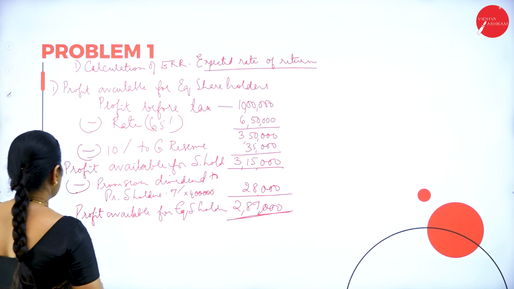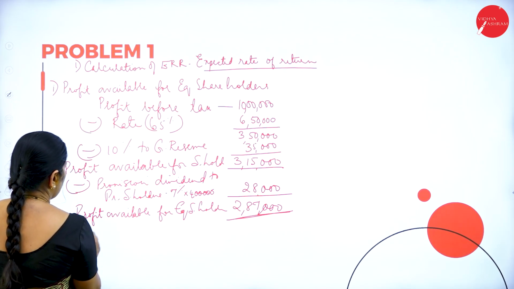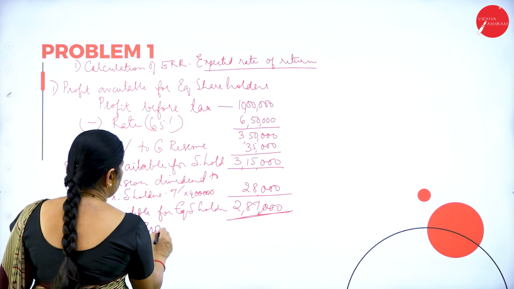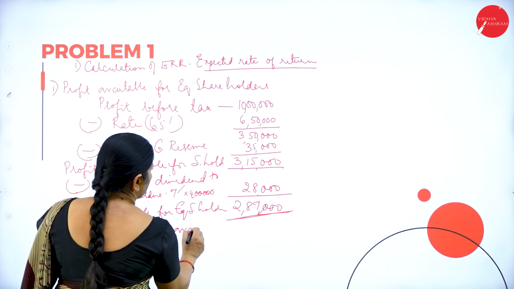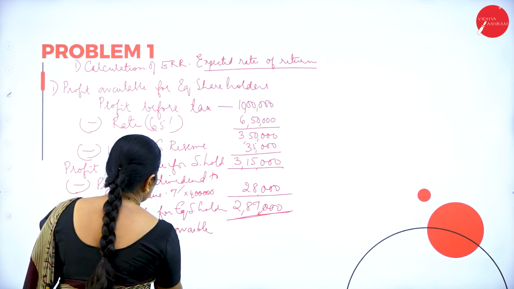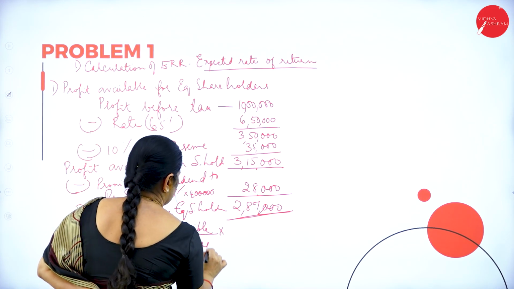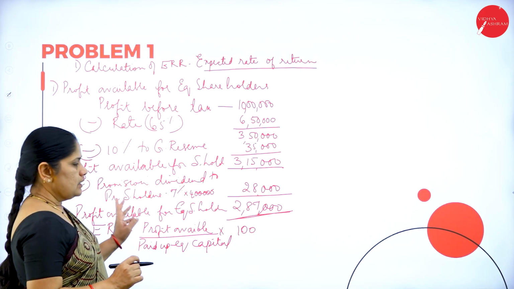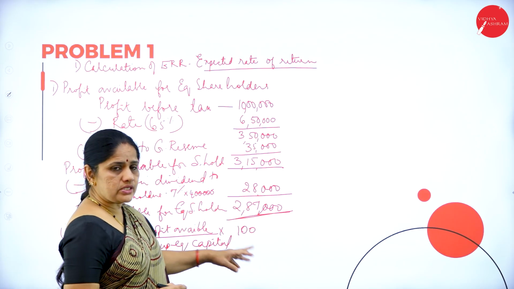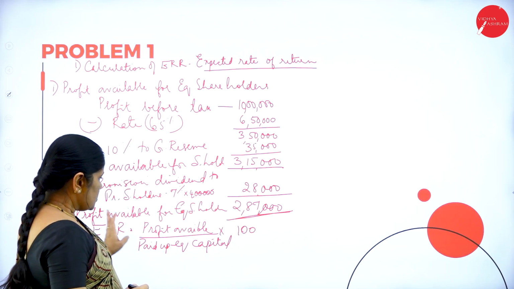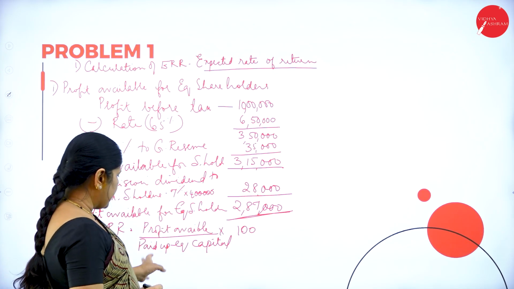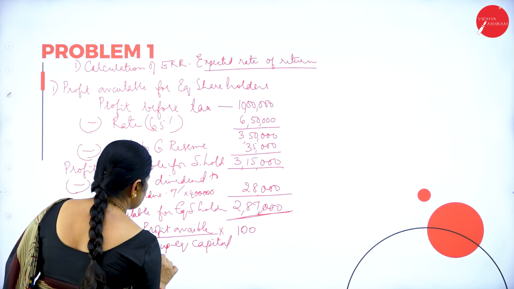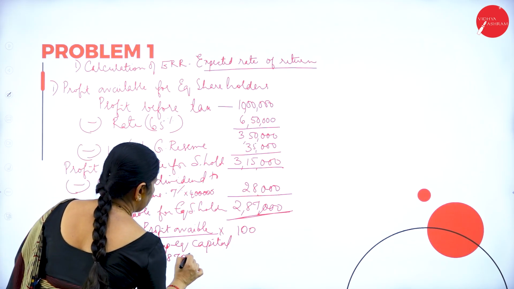In order to calculate the ERR, ERR will be equal to profits available for equity shareholders divided by paid up equity capital into 100. So the profit available is 2,87,000.